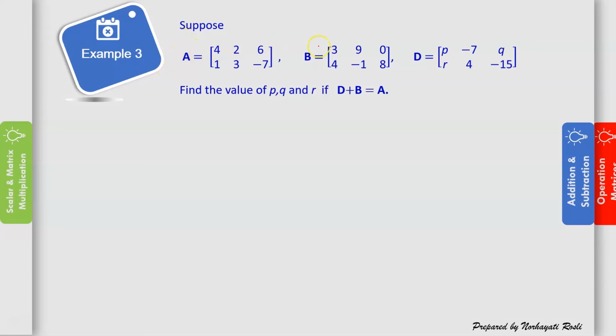Suppose we have these three matrices. We need to find the value of P, Q, and R if D plus P equal to A. In this case, our P, Q, and R are the elements of the matrices.